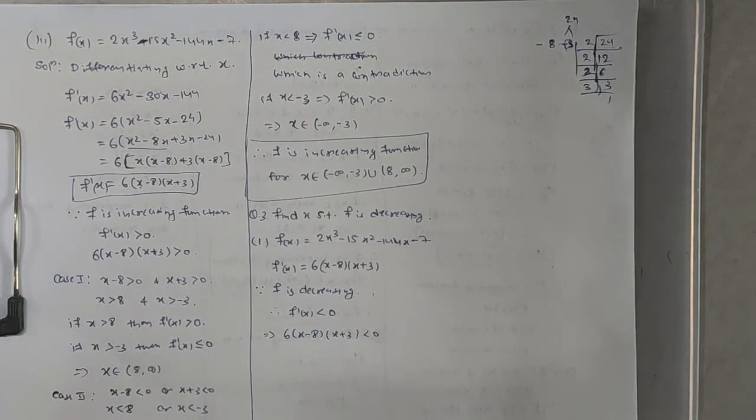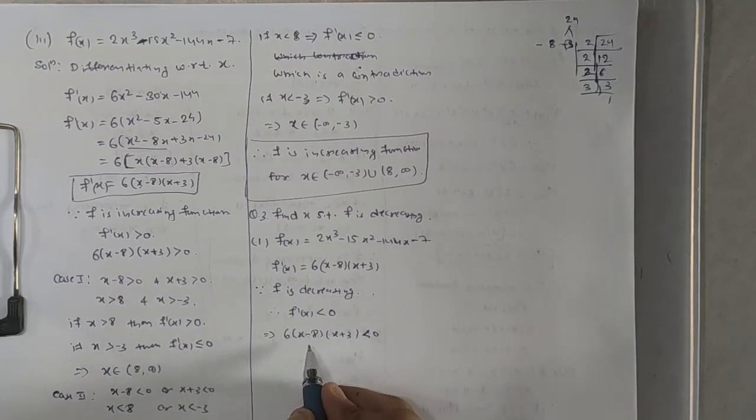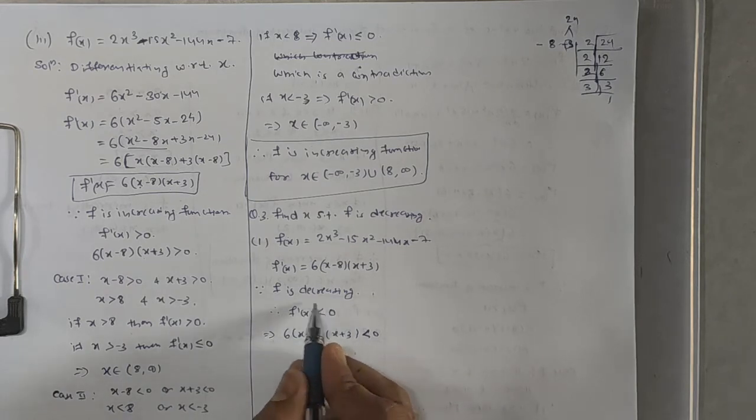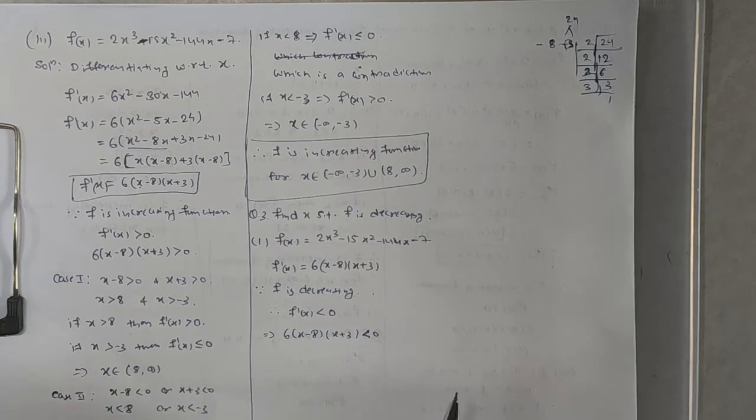Now it is less than 0 either when one value is negative and the other value is positive. Since here 6 is positive, if both are positive, then the value will be positive, which will contradict this. If both values are negative, then again it will contradict the fact. So we can take one positive and the other negative. In the second case we will interchange it.